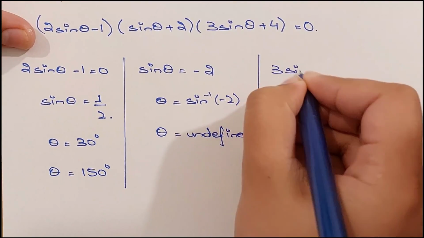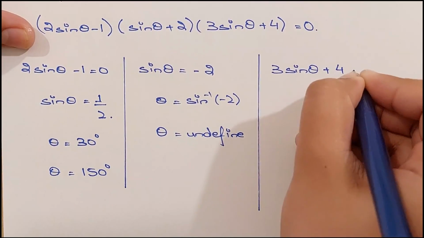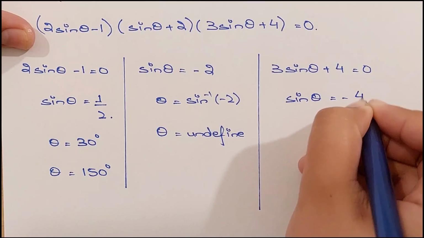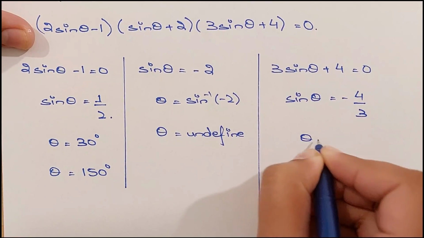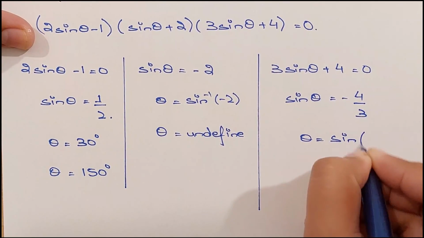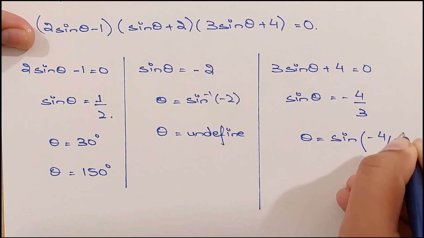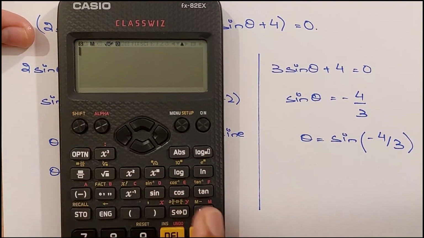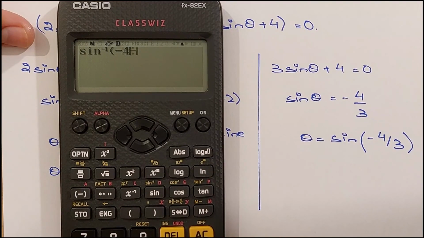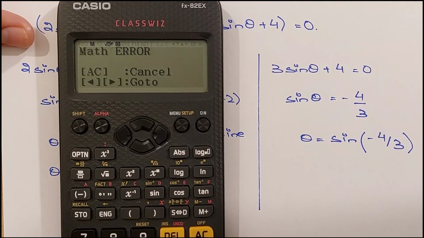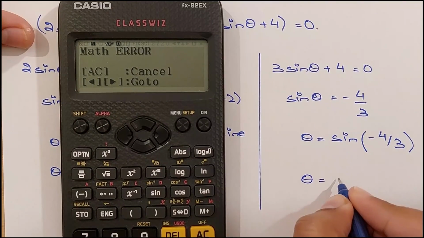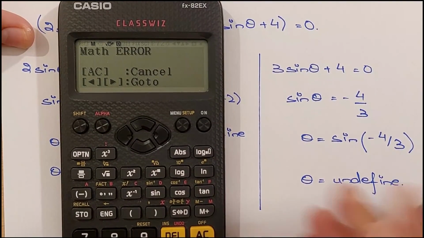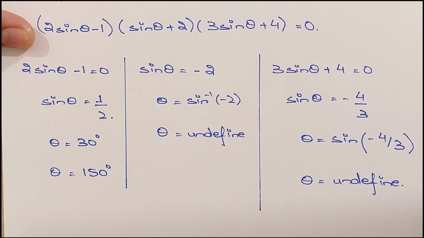So 3 sine theta plus 4 equals 0. From here sine theta is equal to minus 4 by 3 and theta equals sine inverse of minus 4 by 3. Okay, so sine inverse of negative 4 divided by 3 is also undefined. So the only values of theta are 30 degrees and 150 degrees, right?